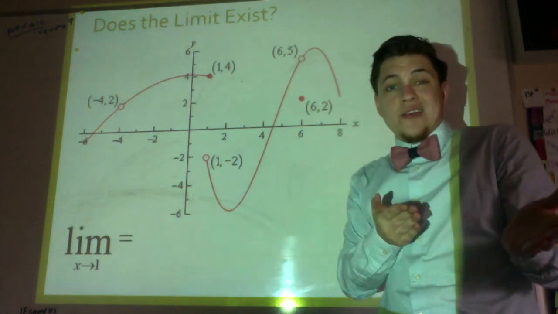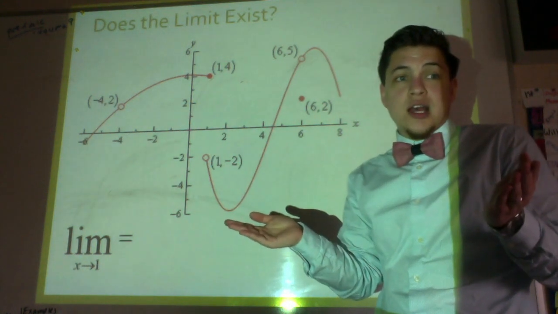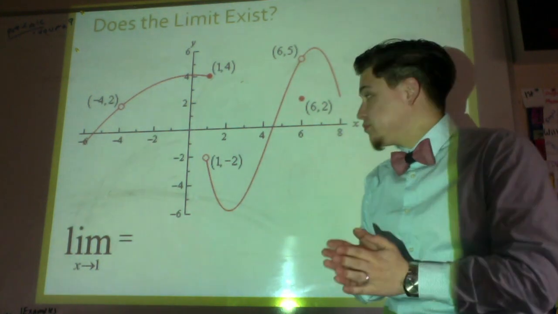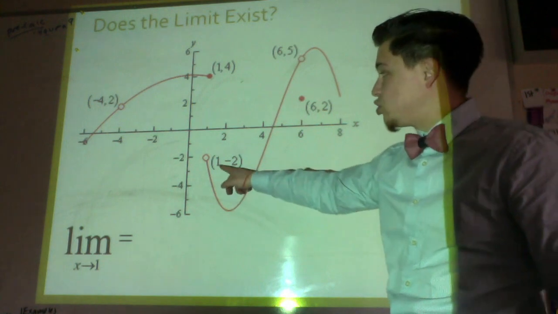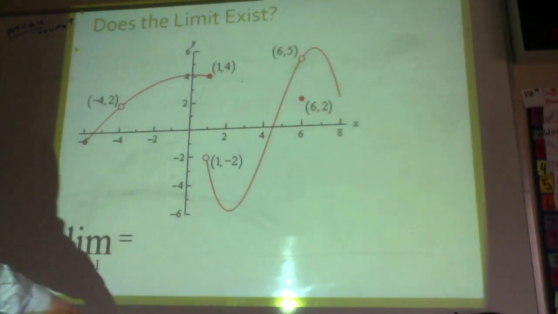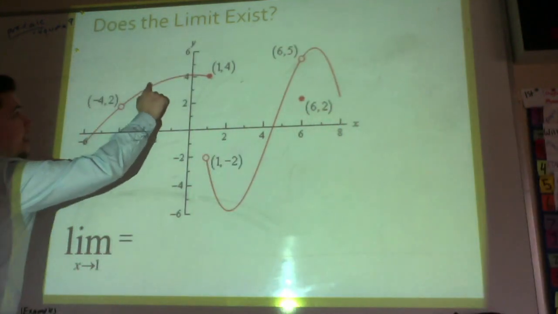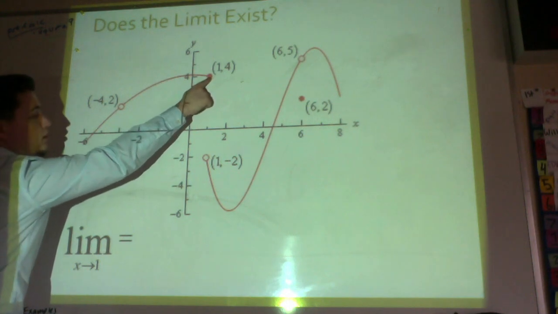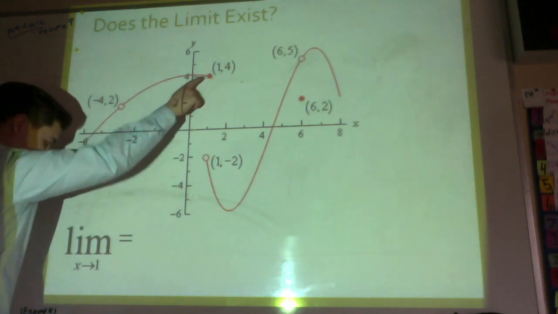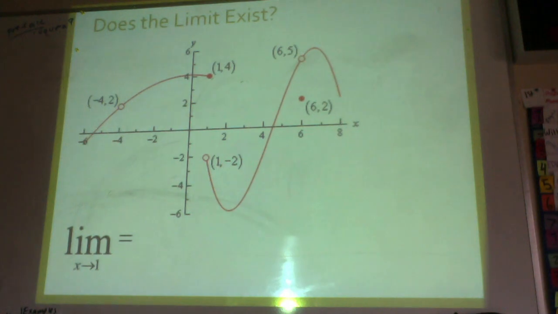It doesn't matter if you figure out left or right first. We can figure out left. So, the left-hand limit as x approaches 1. I'm going on my left side here, so that is this line as x approaches 1 from the left.